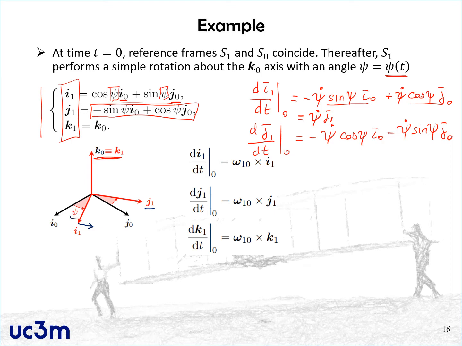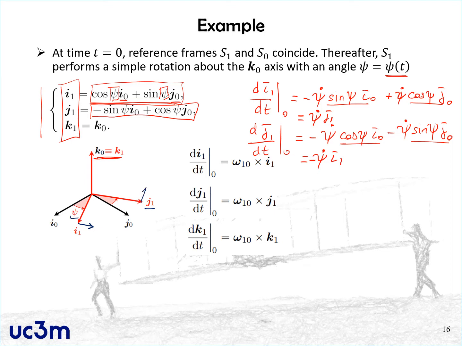Similarly, we can do the same thing for the second expression, and we have here minus cosine minus sine. This is basically the negative of I1, so we can write the second derivative as psi dot with a minus I1. Okay. Again, we can see this in the diagram.